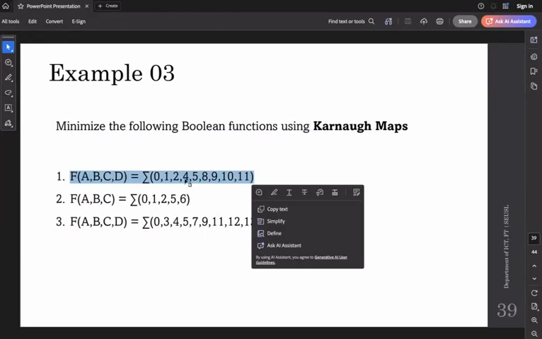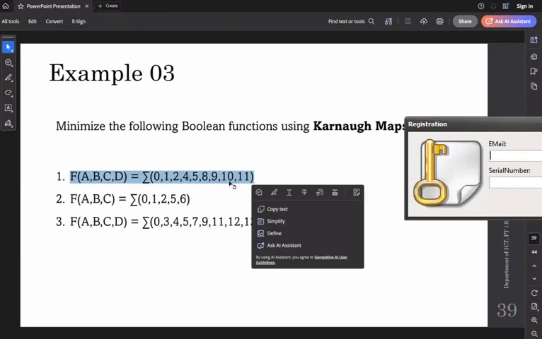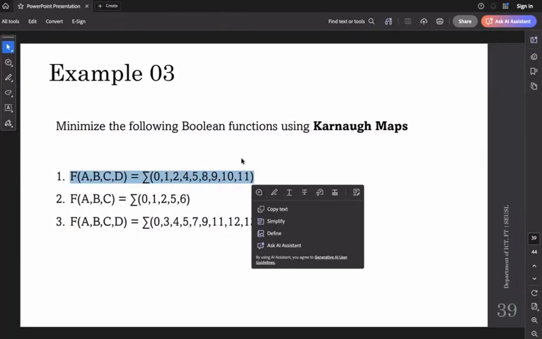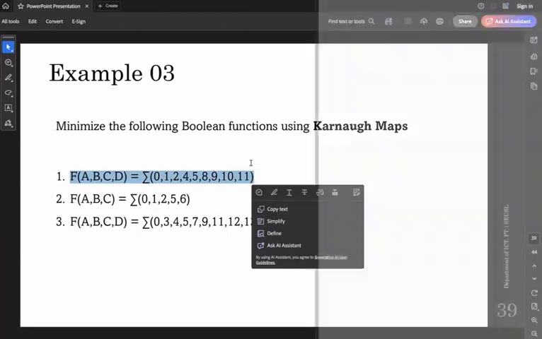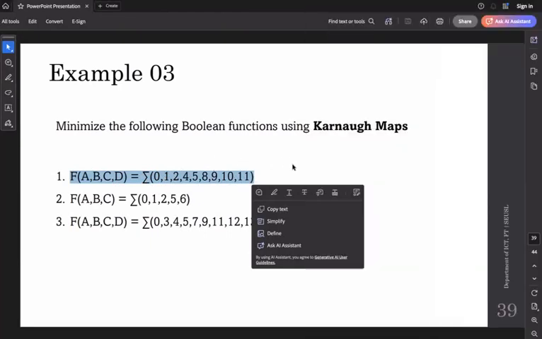So 16 combinations mean you are just telling here sigma, sum of products, mean you are telling the value at 0, 1, 2, 4, 5, 8, 9, 10, 11 are going to be 1. Other values like 3, 6, 7, 12, 13, 14, all these are 0.